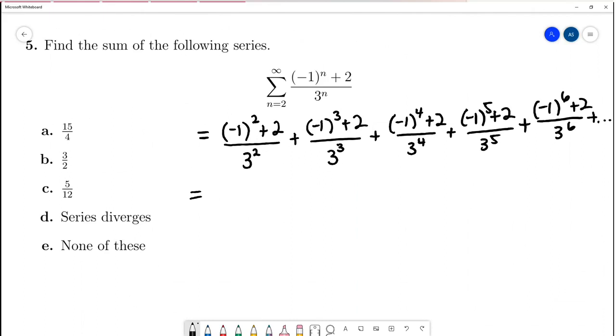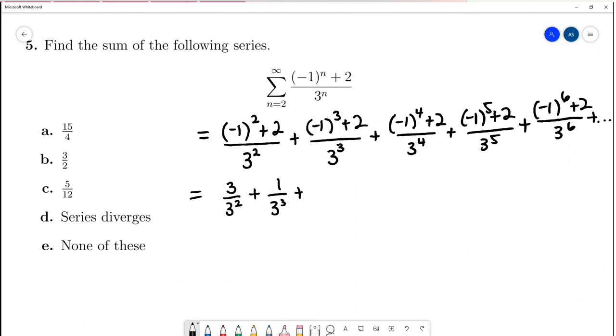So we have negative 1 squared. That's a negative number to an even power, so we get a positive 1. 1 plus 2 is 3, so we have 3 over 3 squared for the first term. Negative 1 to the third, negative 1 to an odd power, will be negative 1. Negative 1 plus 2 is 1 over 3 cubed.